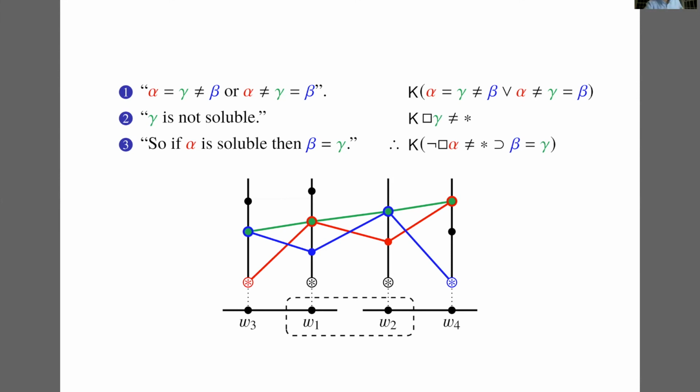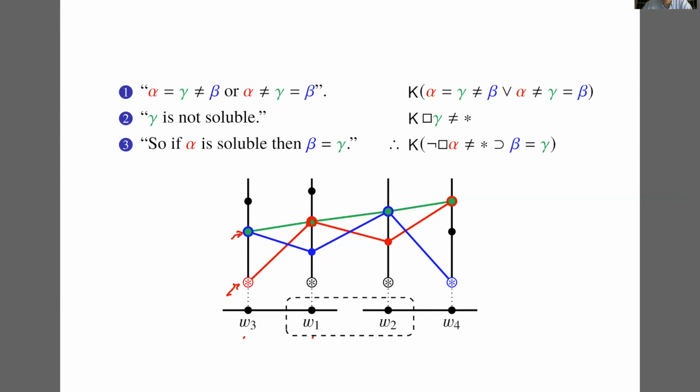Here, for instance, in this picture, even though W1 has green and red coinciding and the blue is the different thing, red is soluble, even though gamma is not soluble, because if you go to W3, then gamma goes to an existing thing and the red goes to a non-existing thing.